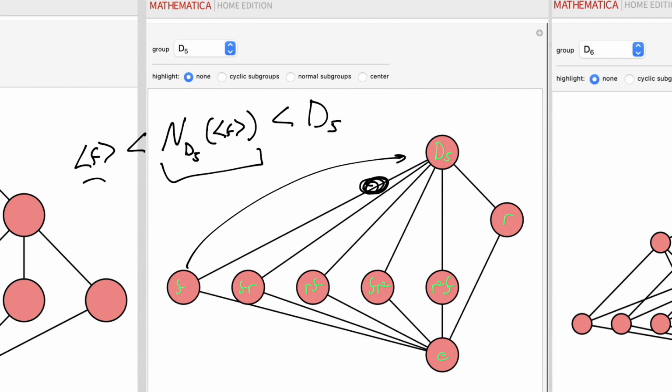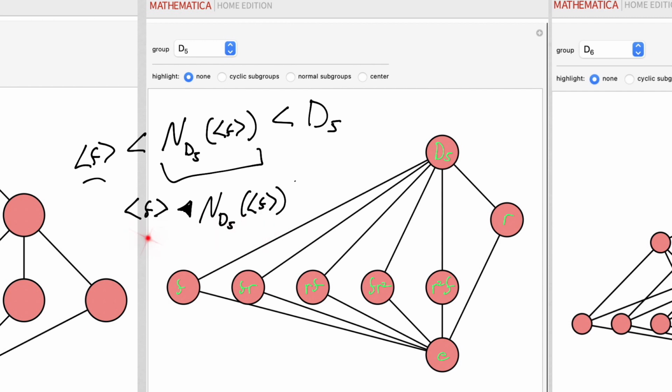I think in the last lecture I might have said the smallest one. I don't know why I would have said that, but it's the largest one. And it's a subgroup, right? Then the other thing that's true is that in this construction, the subgroup F will be normal in its normalizer, right? In its normalizer.